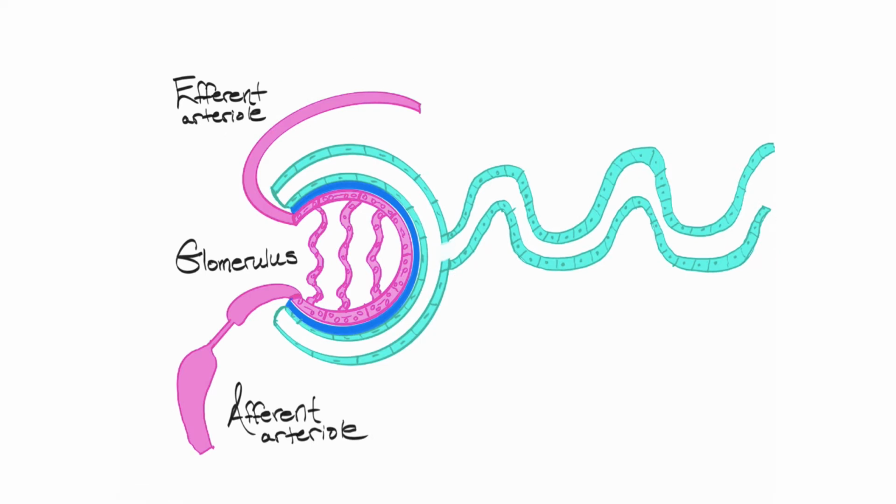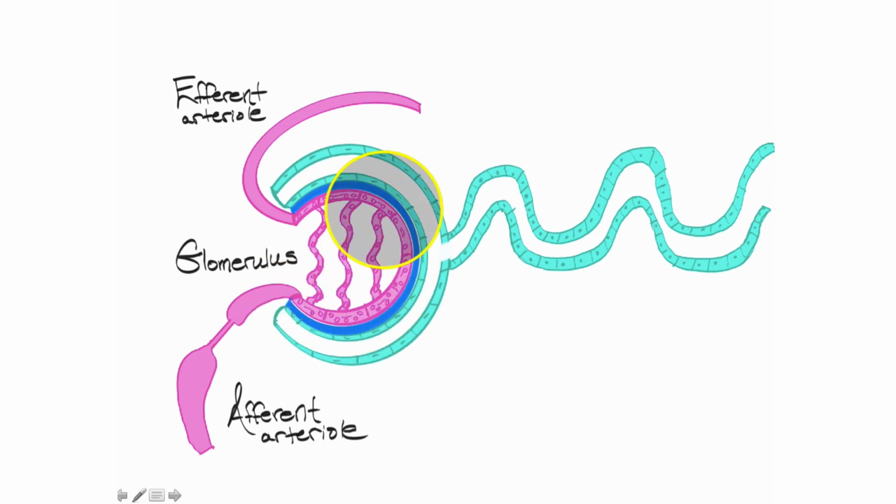If the body were to cause vasoconstriction of the afferent arteriole, right in this region here, we're going to get an increase in blood pressure. And because blood flows from areas of high pressure to areas of lower pressure, now that there's a higher pressure here, there's going to be less blood flow into the glomerulus.